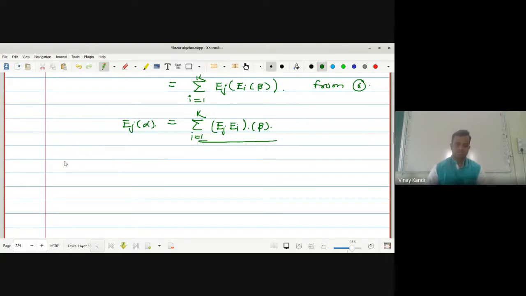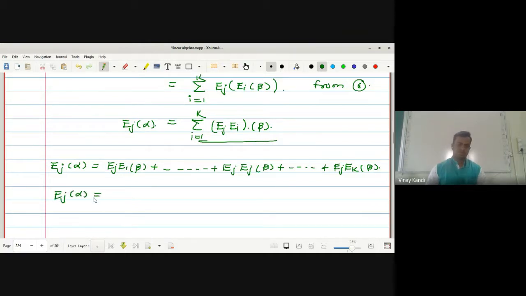Okay, now run this over R. So this is E j E 1 of beta plus E j E 2 of beta plus, is it correct? Up to E j E k of beta. That is E j of alpha is equal to what?